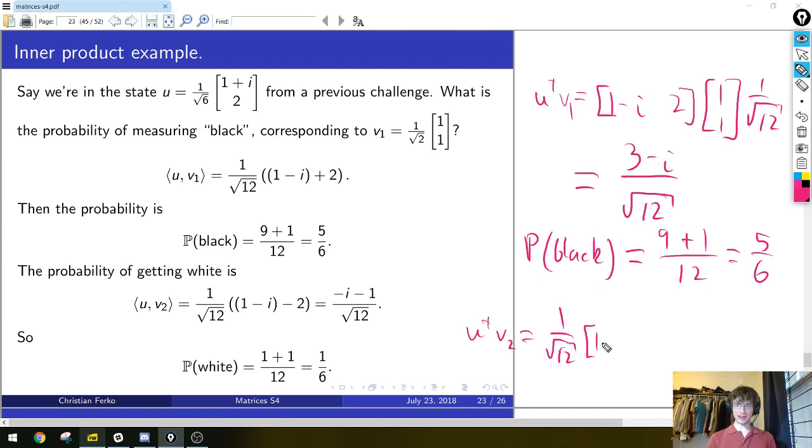U dagger is (1 minus i, 2). V2, remember, was (1, minus 1). So now this will be 1 minus i minus 2. Let's see. Yeah, 1 minus i minus 2. The 1 minus 2 gives me a minus 1, so it's minus 1 minus i over root 12. And the absolute value squared, real part squared plus imaginary part squared, is 1 plus 1 over 12, and 2 over 12 is 1/6.